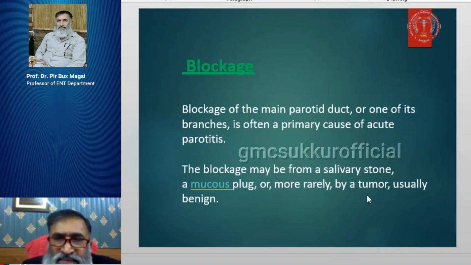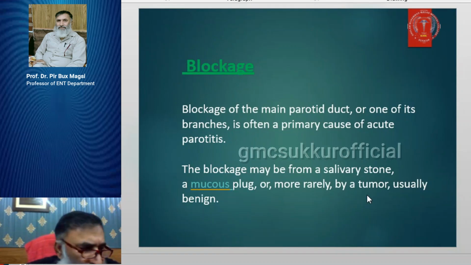Now, blockage of the main duct. Blockage of the main parotid duct or one of its branches is often a primary cause of acute parotitis. I have told you that the parotid duct, which opens into the oral cavity, is the main culprit.